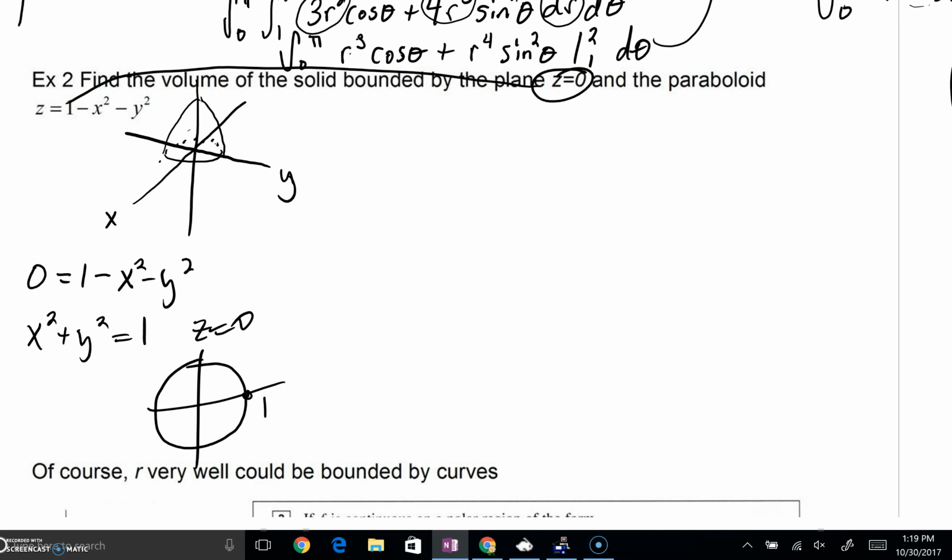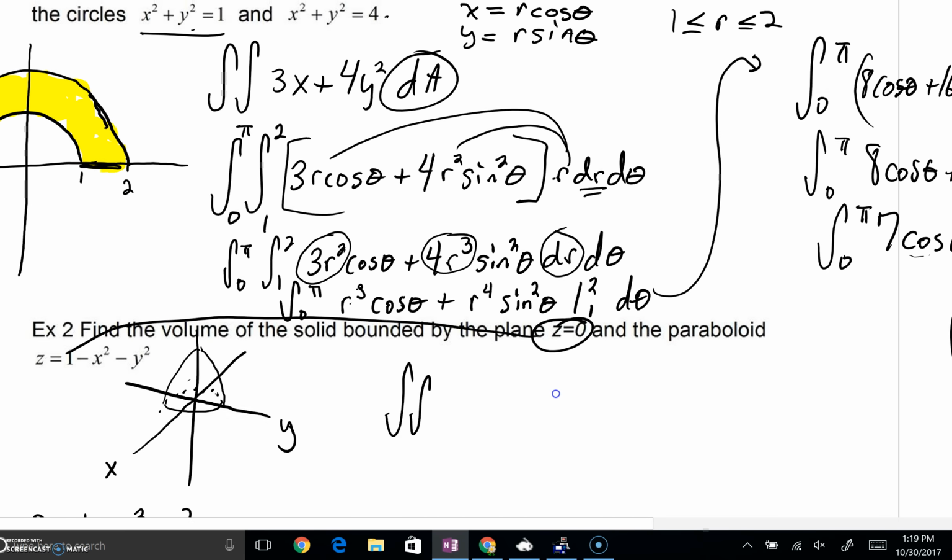And I guess what I want to tell you, though, is as you're looking at this region, and this is what's happening on the XY plane, and we've got that paraboloid above us, and we'd like to find that volume, what you can very quickly do is say, well, I know I'm going to be integrating, and you can see how they write this style out.